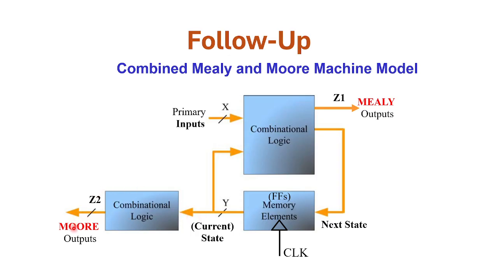So we all know that Moore outputs depend only on the current state, while Mealy outputs depend on both the current state as well as the primary inputs in our circuit.